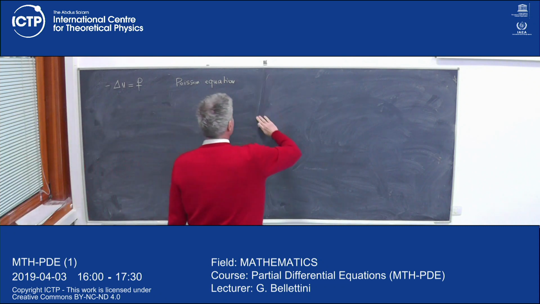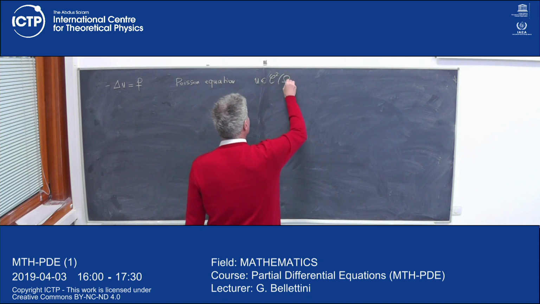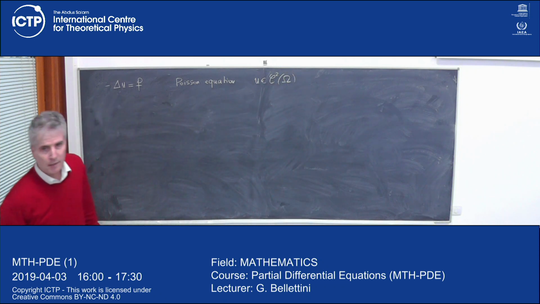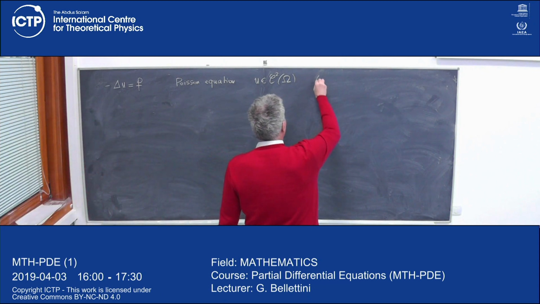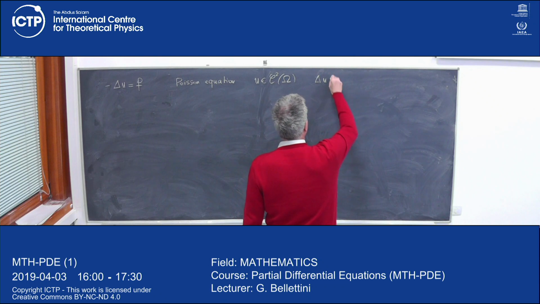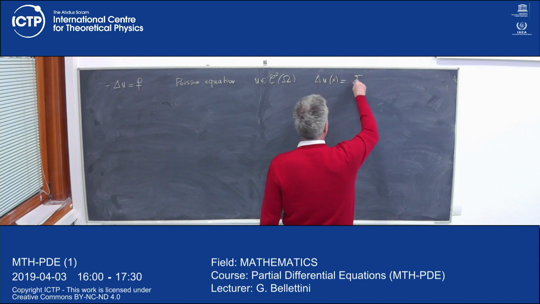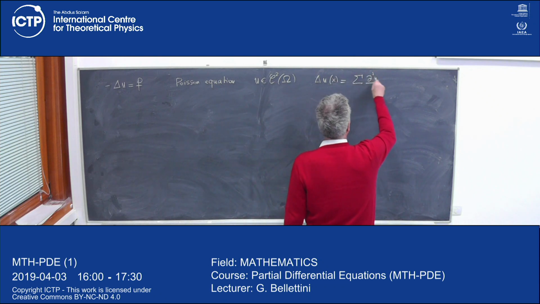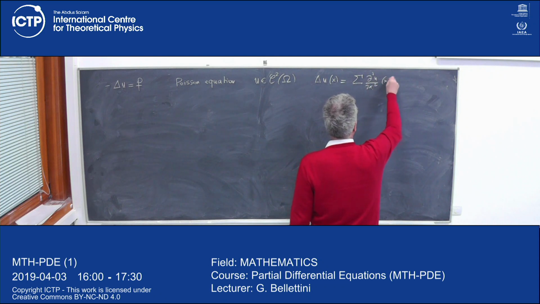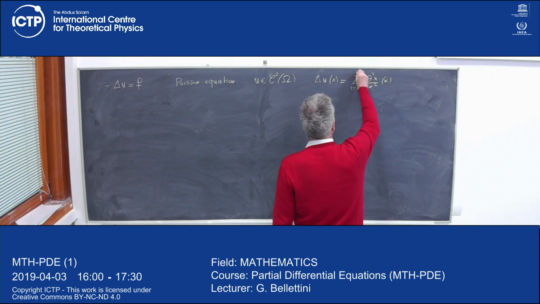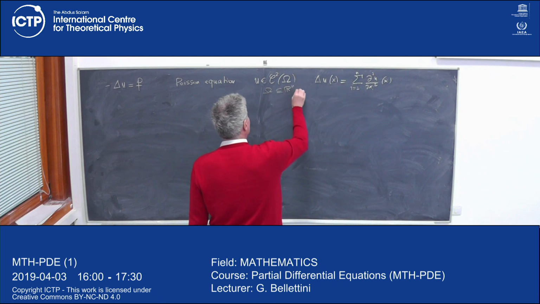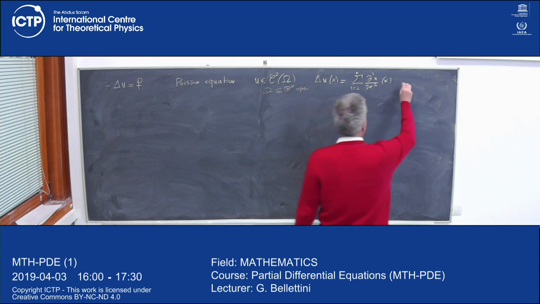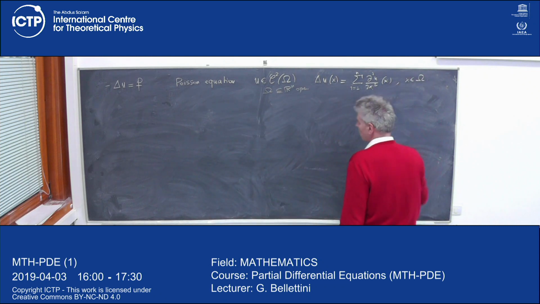So I think everybody knows, but just to recall, if u is in C2 of, say, some open set in R^n, then the Laplacian of u at a point x is just the sum of the second derivatives of u with respect to x_i, where omega, say, is an open set, and this is just a definition.